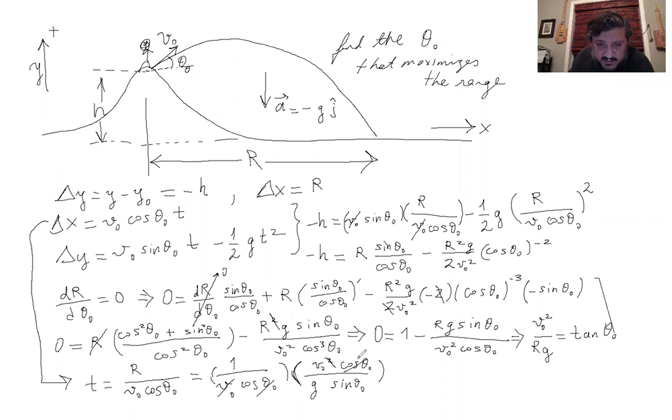Cosine theta naught cancel. So this is my t now: v naught over g sine theta.